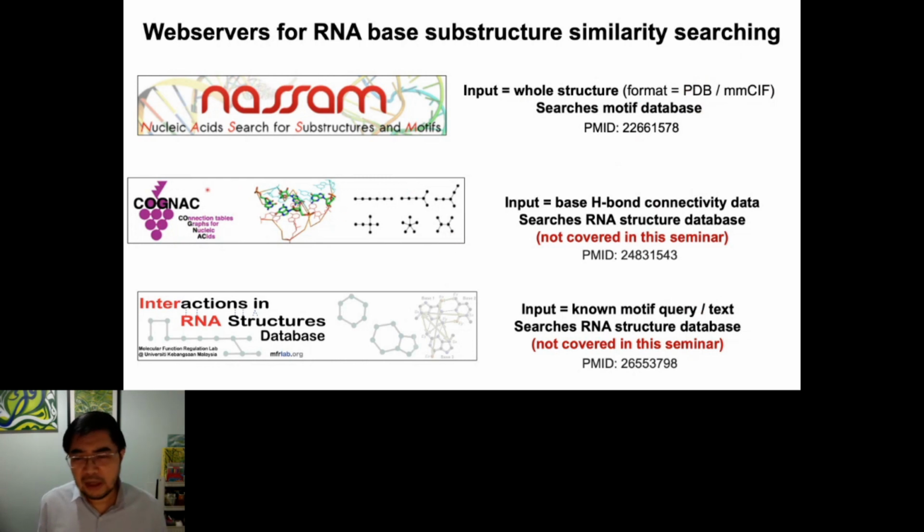One is Cognac, depending on how you want to pronounce it, which takes hydrogen bonding connectivity data, and it searches an RNA structure database, which I did not cover. And we've got a database that takes either a no motif query or text, and it searches an RNA structure database. And this one also I did not cover in this seminar.